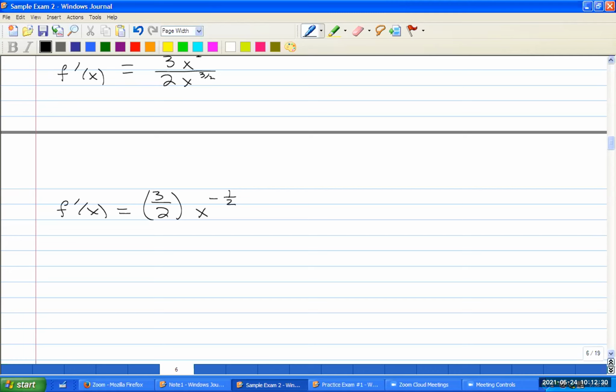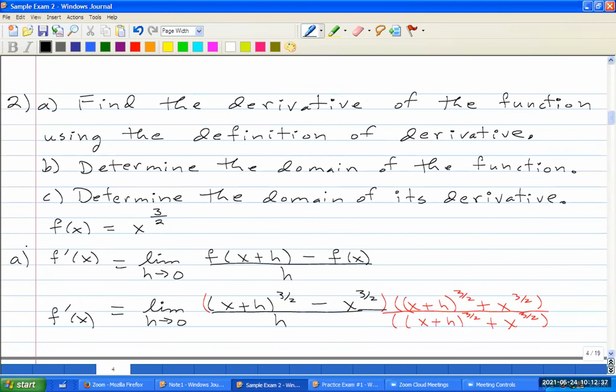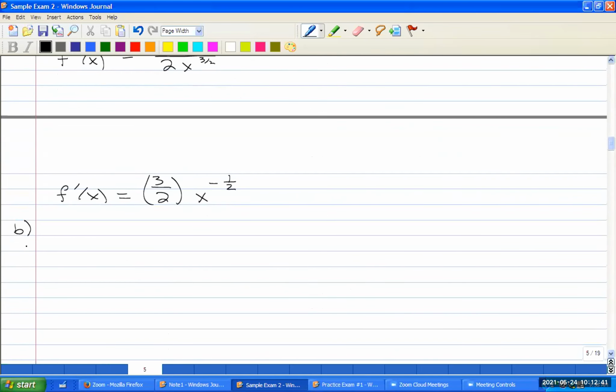Okay. Let's do part B. And I think part B is to find the domain of your original function. So the domain of my original function is, well, you don't want to take the square root of negative numbers. And so the domain of my original function is just that x cannot be negative. So I want x to be greater than or equal to 0.